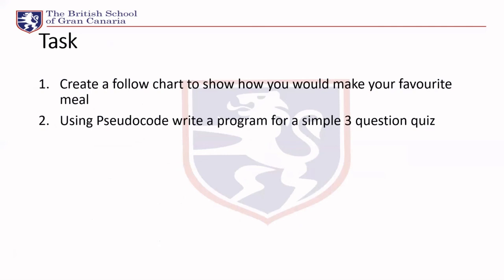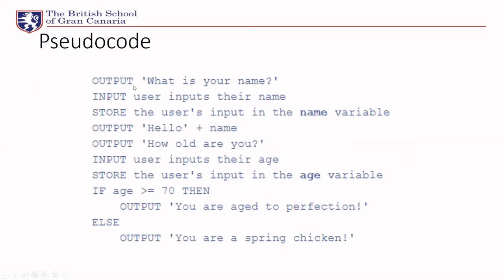Okay, so how you can do that is simply using this: output, what is the question? Input, the user types in the answer to the question. Okay, whatever that question is, it's up to you. Okay, then you can do an if. So if the answer is incorrect, for example, output, what is the fastest car in the world?